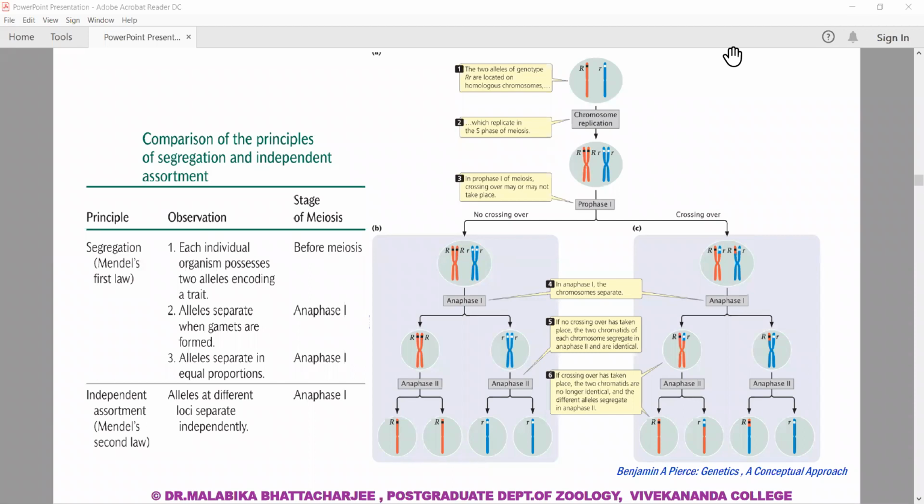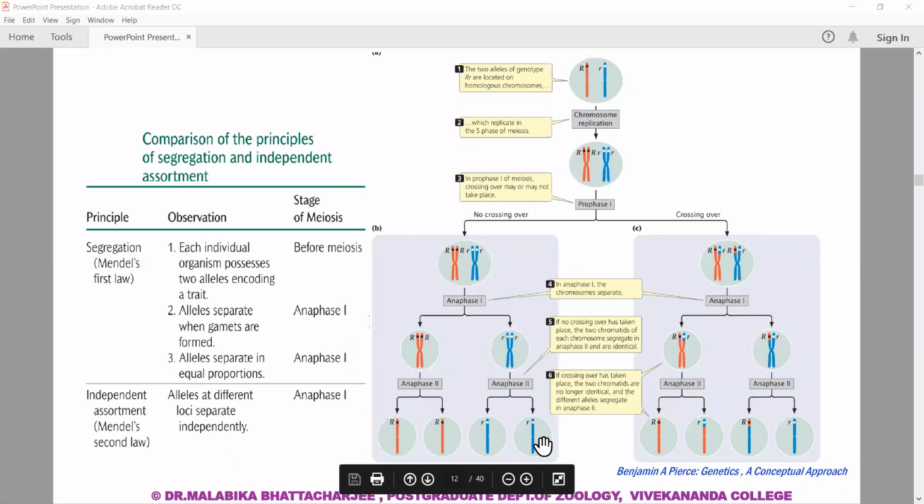In the gametes, this is anaphase 1, now anaphase 2. In anaphase 1 we get capital R, small r, and in anaphase 2 the two chromatids have separated and the segregation of the alleles has taken place.